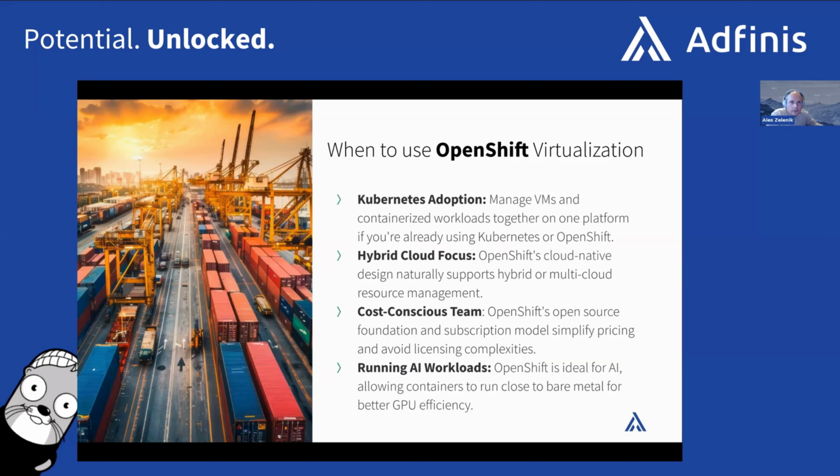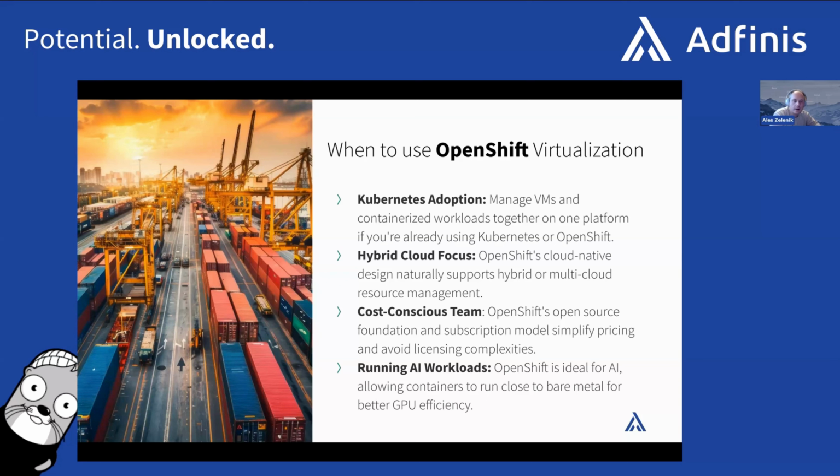Now I'll deviate a little from the presentation. My thinking here is that there are two types of people or organizations looking at adopting OpenShift Virtualization. First, you have organizations that have no experience with containers.